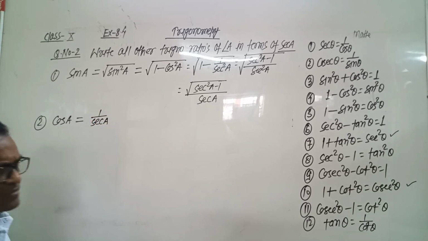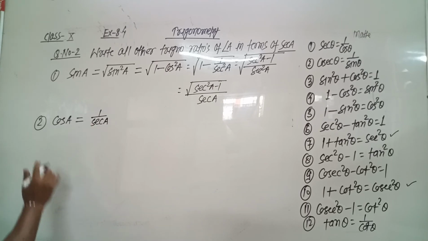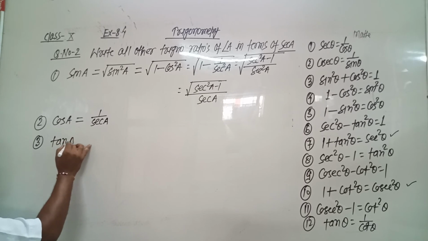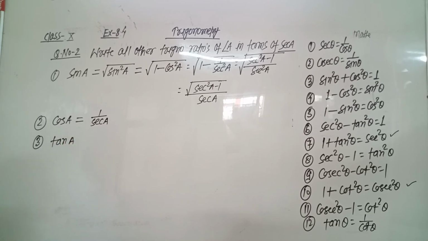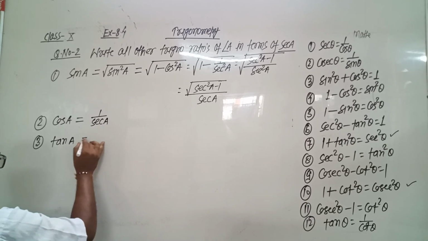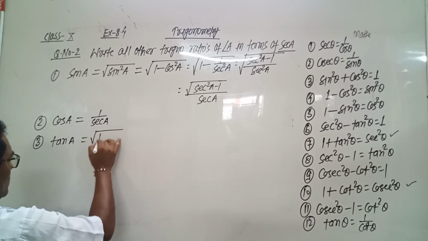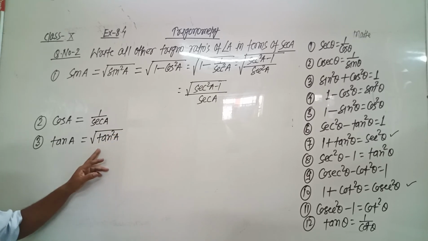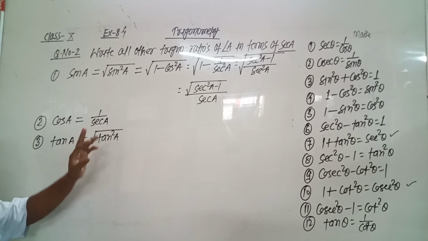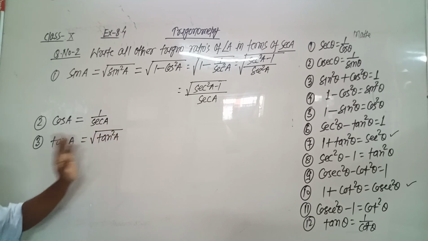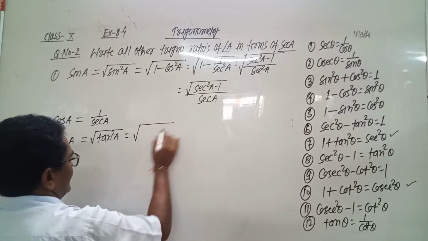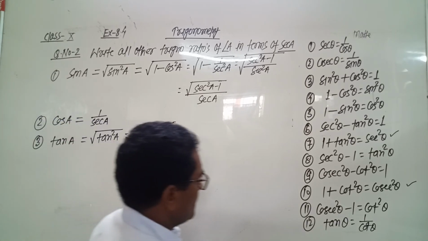So cos A equals 1 by sec A. Then we have to express tan A in terms of sec A. So tan A can be written as root over tan square A, because square and square root get cancelled.